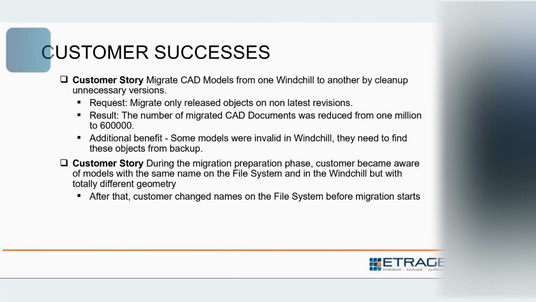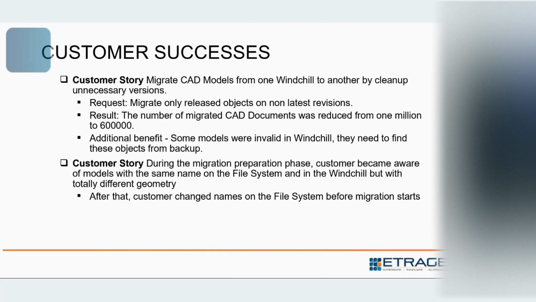Some customer stories. In one case we needed to migrate CAD models from one Windchill to another, and during that migration, we needed to clean up unnecessary versions. The request from the user was to migrate only released objects on non-latest revisions and all versions on the latest revision. As a result, we reduced the number of migrated CAD documents from 1 million to 600,000.